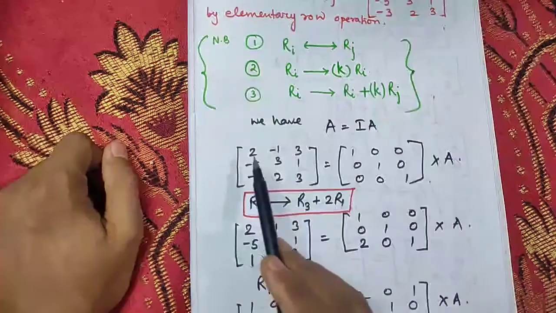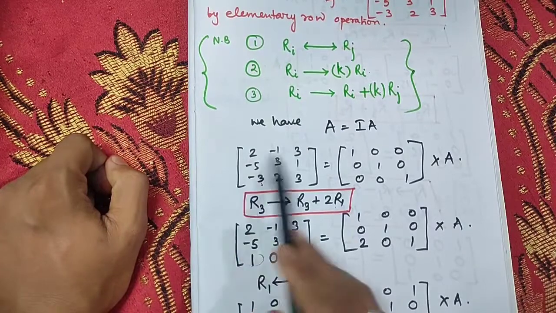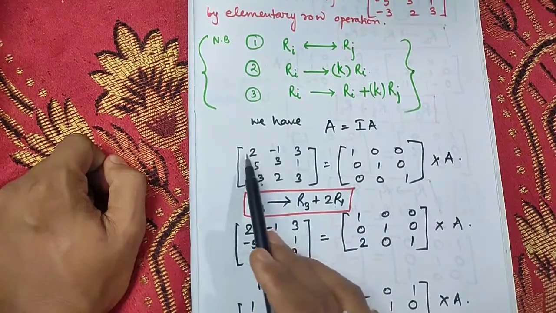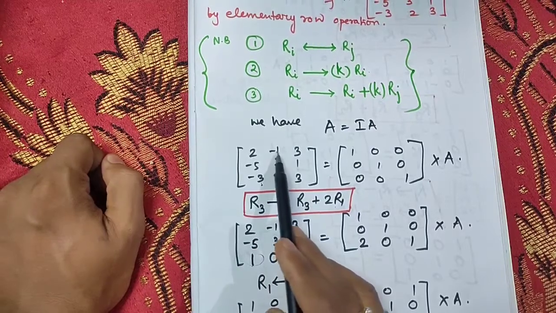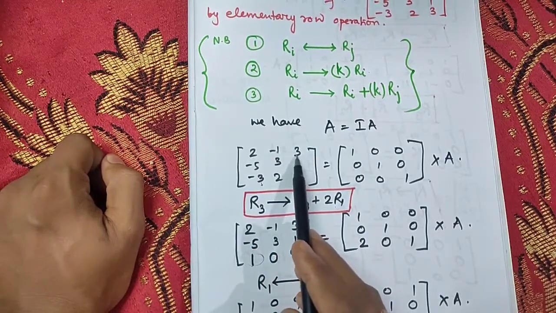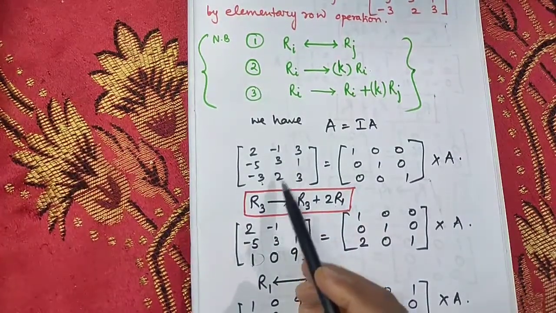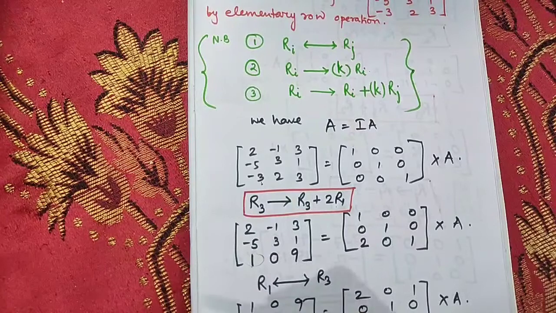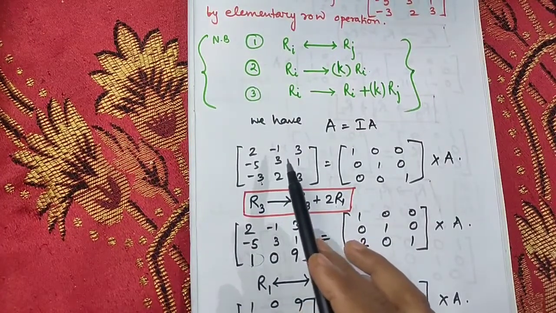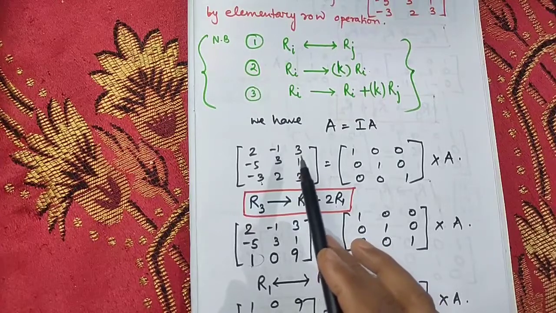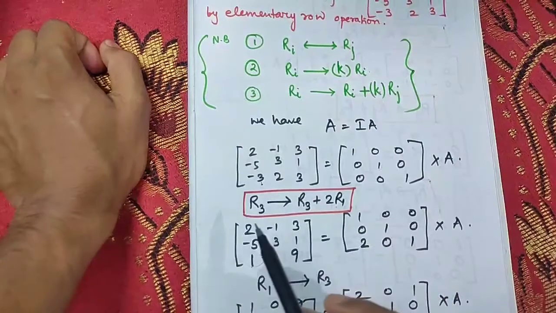Now you can directly make this 1 by multiplying half with this row. But if you are multiplying half, then this will become 1, but this will become minus half, this will become 3 by 2. And whatever operation you will perform later on, all the calculation will come in fraction. That's why in first step, we should not take any fractional value. We should not multiply any fractional value to make it 1.